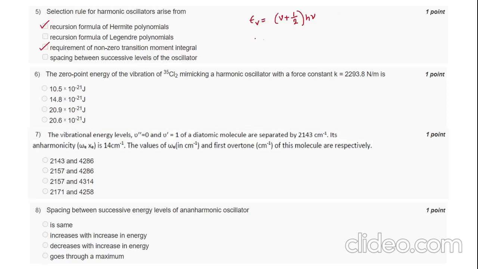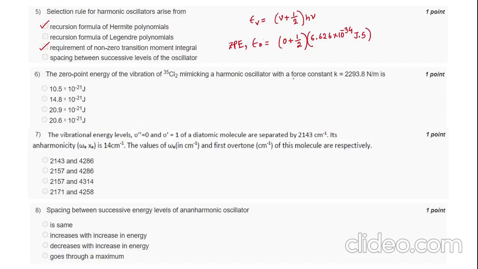So the zero point energy, ZPE, is (0 plus half) times 6.626 into 10 to the power minus 34 joule second. So this is your h, Planck constant, into your nu. Nu is what? It is the vibrational frequency.